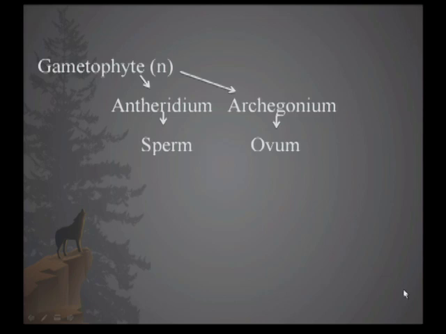As we talk about different types of plants, the sperm has to get to the ovum somehow. That may be through swimming. So some plants require water for fertilization. Other plants will use pollen. And again, we'll define this as we work through the division here. But sperm make their way to the ovum. They'll fertilize the ovum. When they fertilize the ovum, that forms a zygote. And recall that the zygote is a diploid cell.